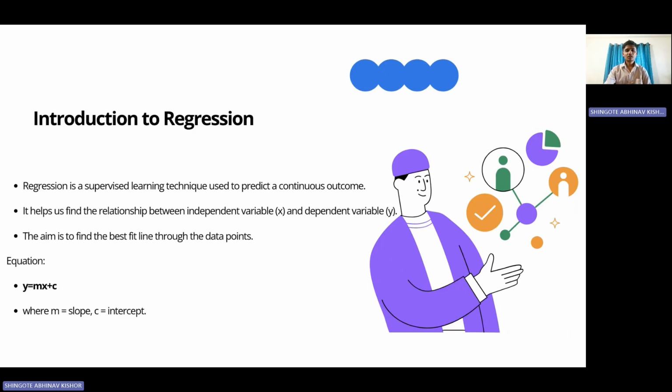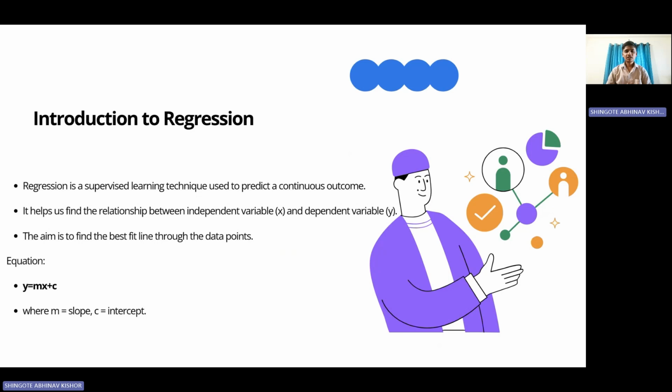Introduction to regression. Regression is a supervised learning technique that helps us predict a continuous output value. It finds a relationship between an input variable x and y. The general equation of a straight line regression model is y = mx + c, where m is the slope and c is the intercept.